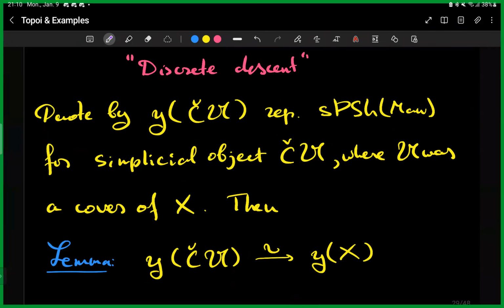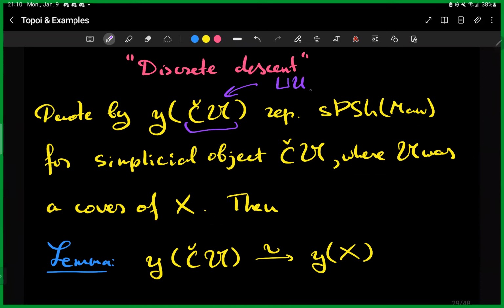And also we have a nice property in the category of manifolds with open covers, which in some sense can be called discrete descent. So we have this simplicial manifold given by the Čech groupoid, which looks like this.